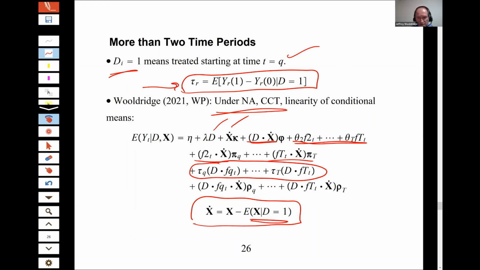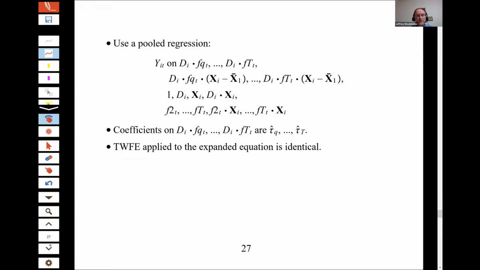These are the average treatment effects on the treated. And then these are the coefficients that allow us to do some moderating analysis to see whether the treatment effect changes not just across time, but also across covariate values. And so we know how to estimate an equation like this, right? We can estimate this using OLS, pooling across both cross-section and time period. And so that's what we do.